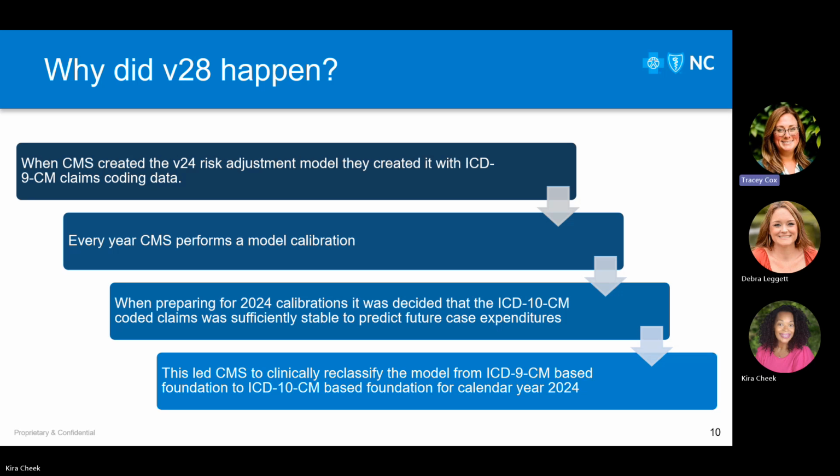Codes are placed in DXGs if they were related in clinical and cost characteristics. Hierarchical condition codes, or HCCs, were then established from the DXGs, creating what CMS has identified as version 28 of the CMS HCC risk adjustment model.